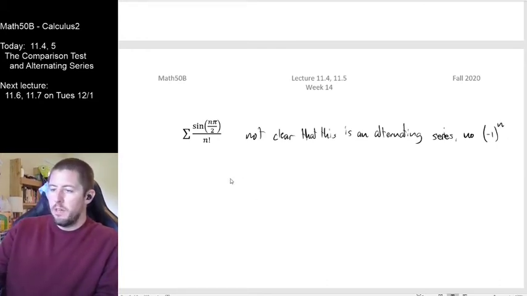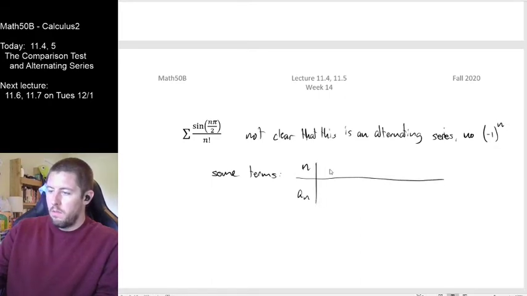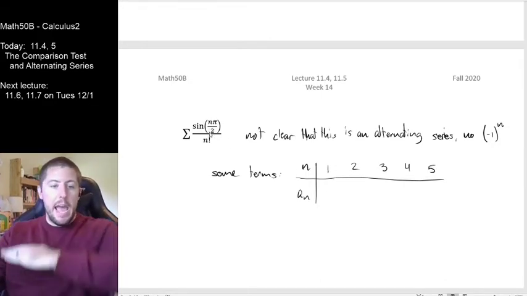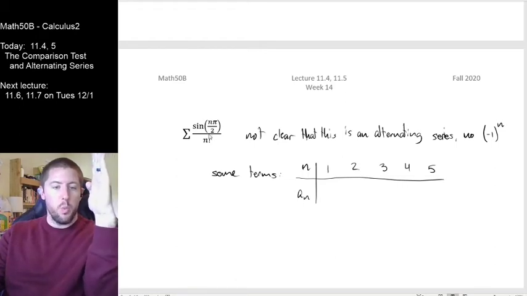So let's go ahead and write out some terms. So if n is 1, I'm looking at the sine of pi halves. Sine of pi halves is 1.